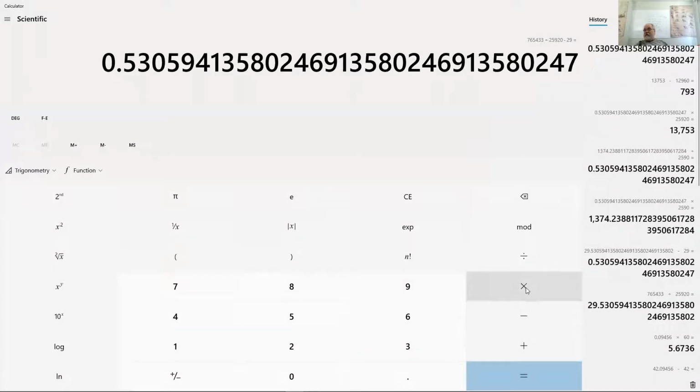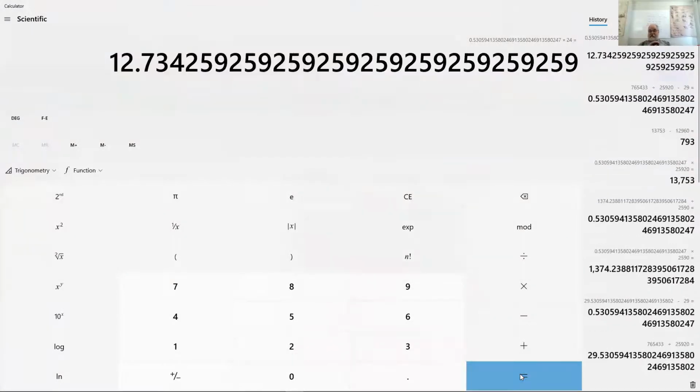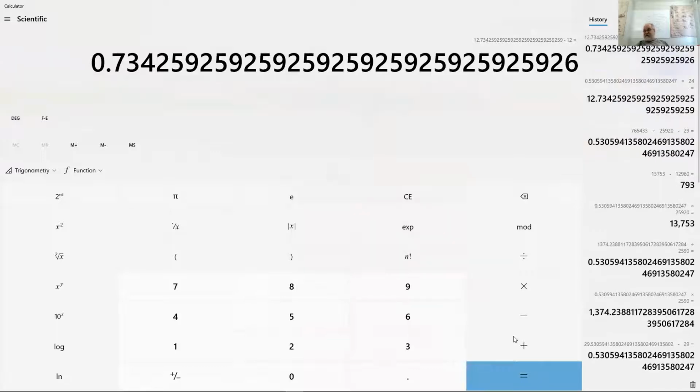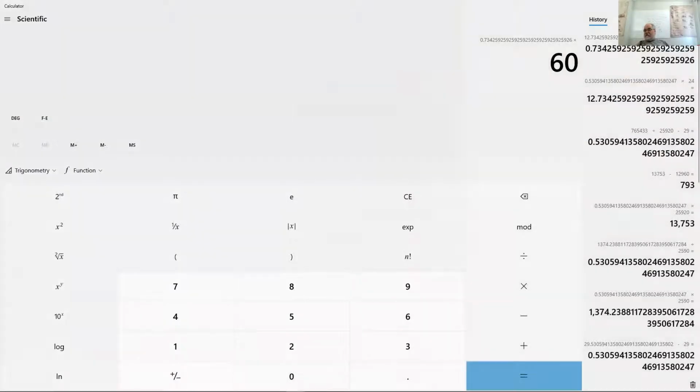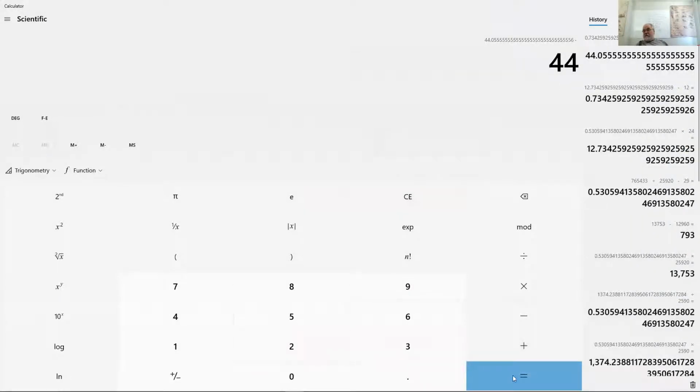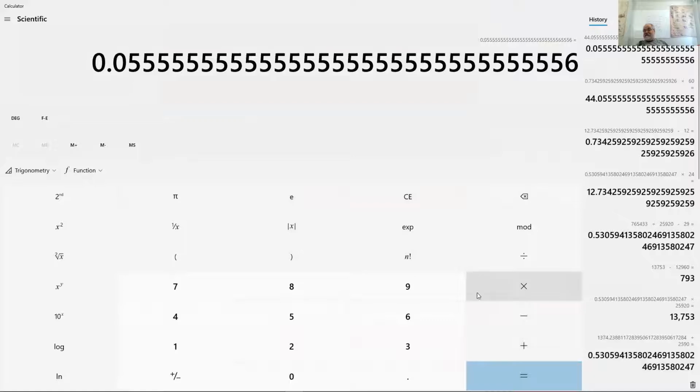And then we would multiply this by 24. This will give us the number of hours, 12 hours. And then I subtract the 12 hours, and I would multiply it by 60 to get how many minutes. And you can see it's 44 minutes. And then I subtract 44 and I multiply it by 60 to get how many seconds.